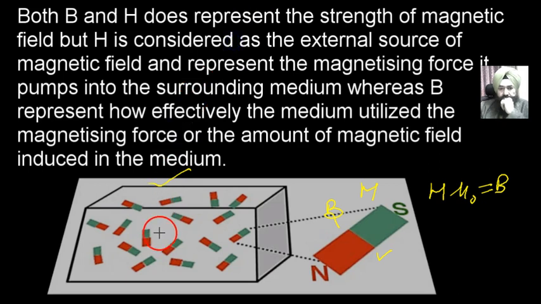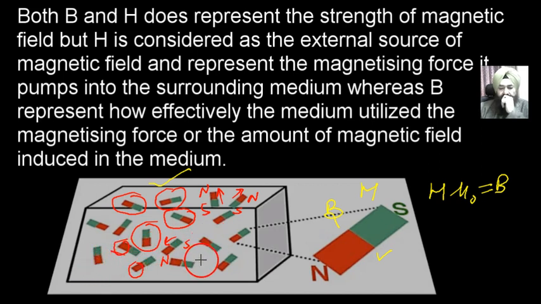Ferro means there are certain magnetic dipoles, having some magnetic dipole moment within the material, but those magnetic moments are randomly oriented. Some N is along this direction, some N is along that direction, so the magnetic moments are randomly oriented.